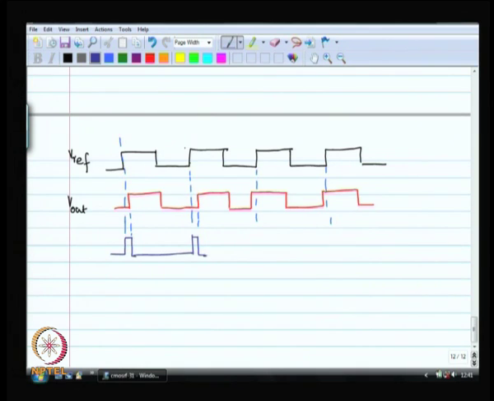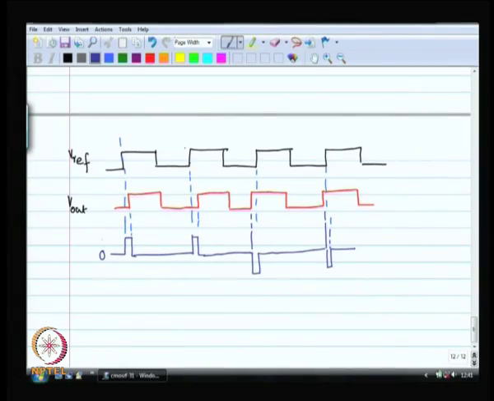If phi ref is lagging behind phi out, then my pulse should be negative during that duration. So, this is the kind of output that I want from my digital system.